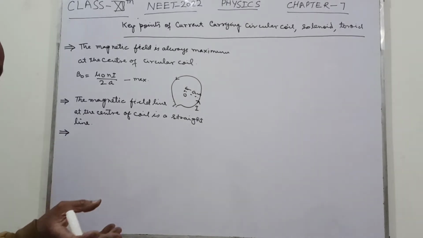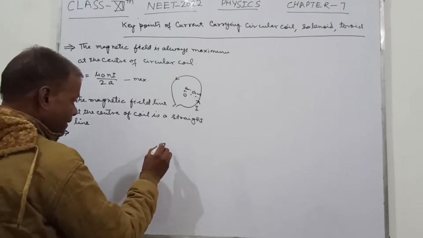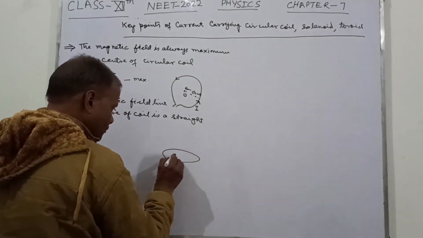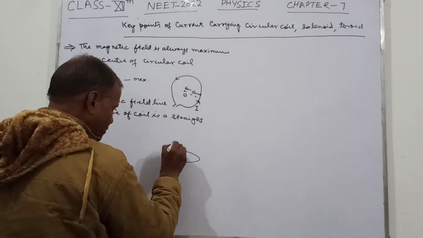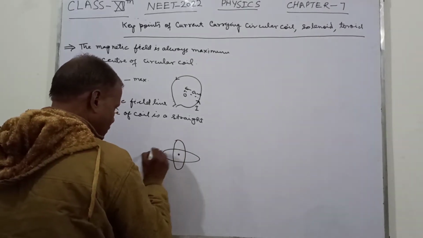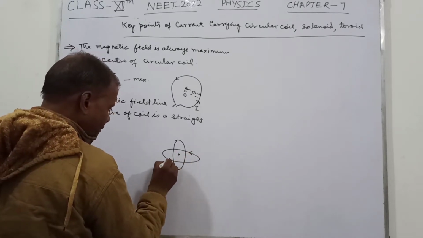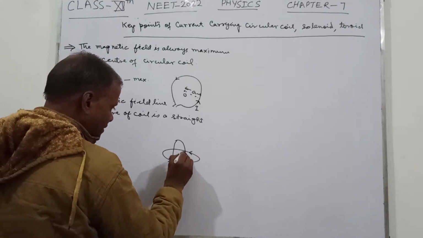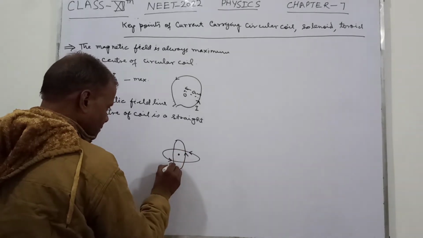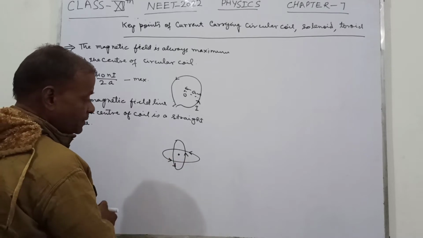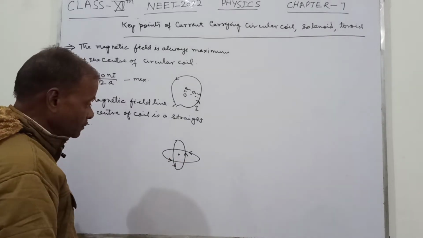Suppose you are having two circular coils, this is a circular coil, this is the center of this one, and this is another circular coil. This one carries the current in this way and this carries the current in this way. Then the magnetic fields of these two are always mutually perpendicular.